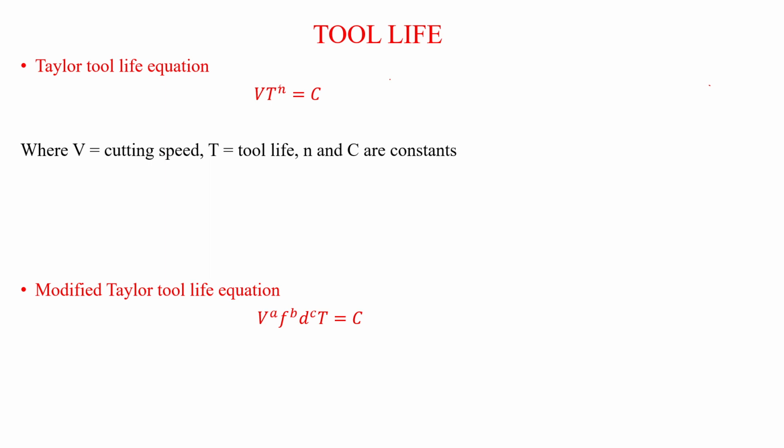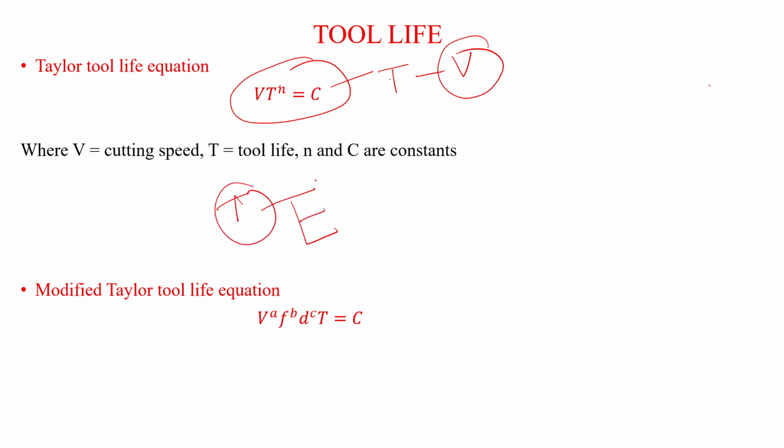So why, when we have a Taylor equation, was there a need for a modified Taylor equation? See, this Taylor equation only related the tool life with the cutting speed, but we have also seen that tool life depends upon cutting speed, feed and depth of cut, right?